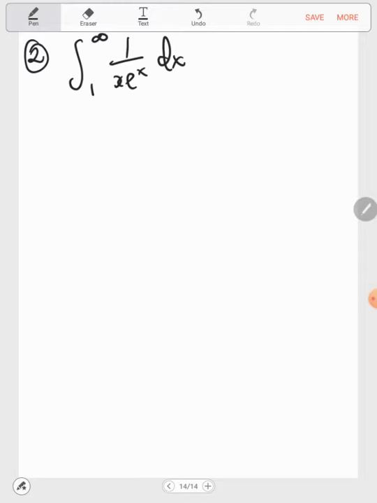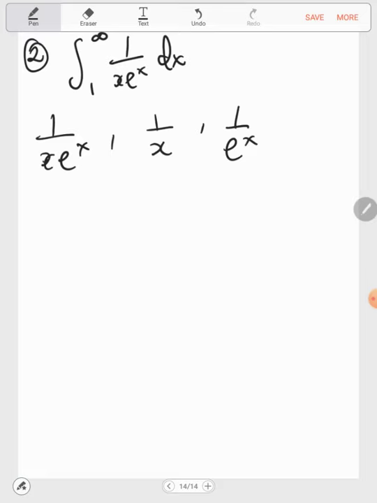So this function 1 over x to the power e^x can be compared to 1 over x. It can also be compared to 1 over e^x.